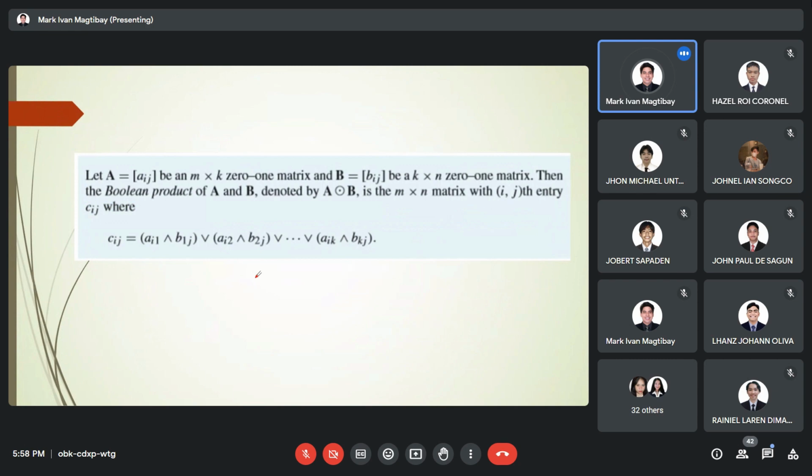Okay? Then, ito po, meron din pala pong combination diyan na kung sa multiplication po natin, nagkakaroon po tayo ng mga elements na pinag-multiply natin and then plus another 1 plus another 1. Di ganun na nagiging pattern natin kanina sa multiplication. Dito naman po sa ating Boolean product or Boolean multiplication, meron din pala po tayong ganun po.